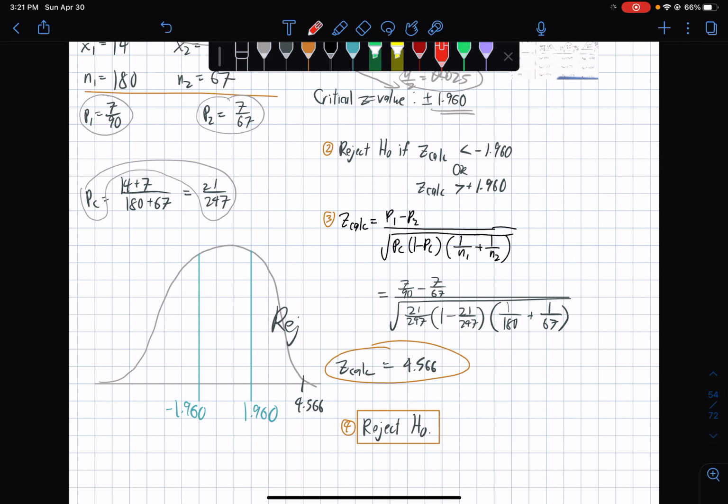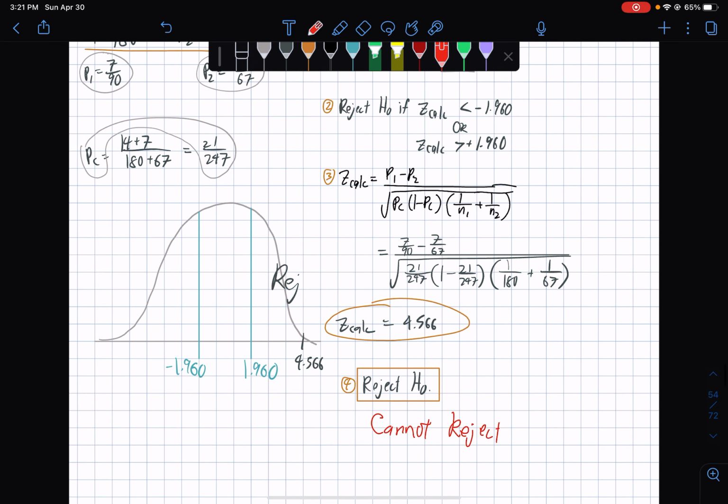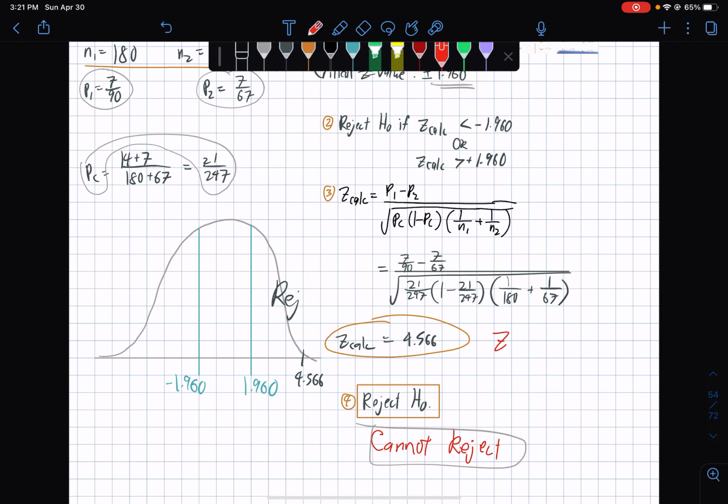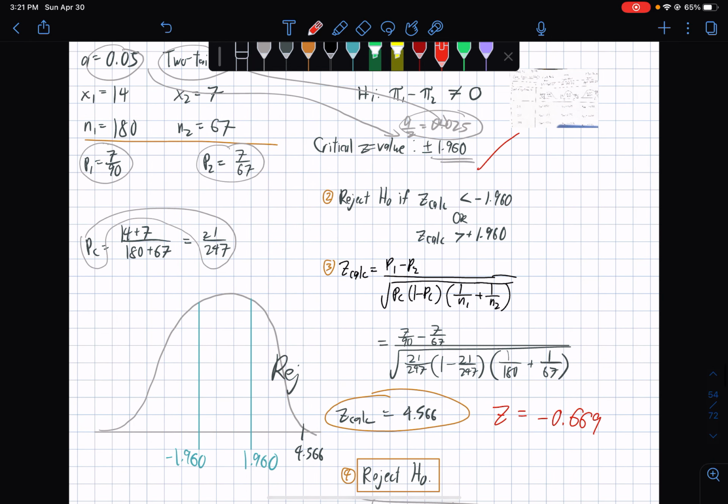It says cannot reject. The question is why. Z-calc according to the ebook is equal to negative 0.669. Apparently this is correct.